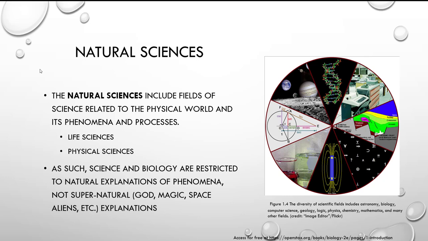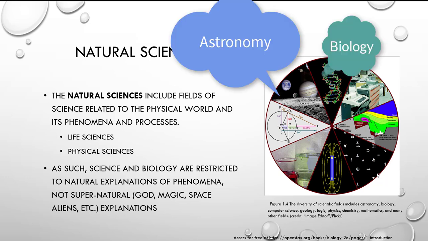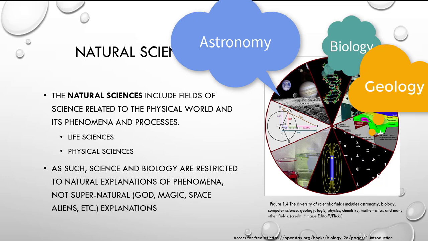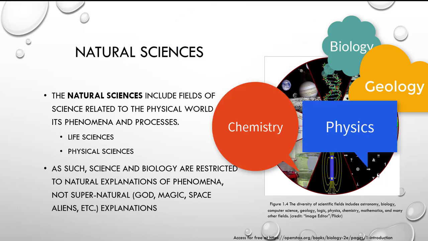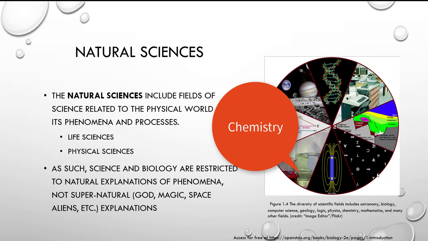So if we take a look over here, there's a number of fields that fall in natural sciences. Okay, so that would be astronomy, biology, geology, physics, chemistry, mathematics. Those are all fields of natural sciences.